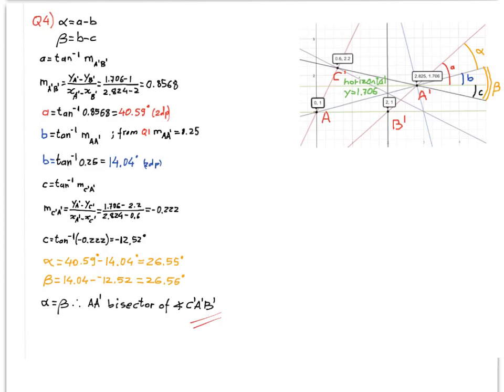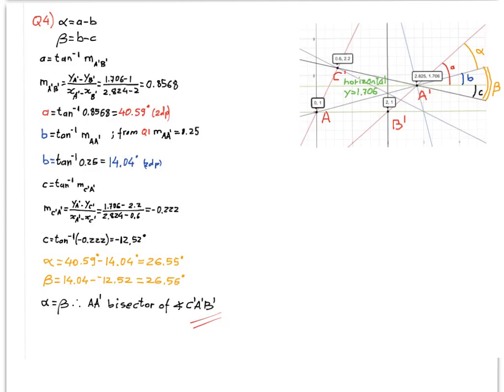And now the last one, C, which is underneath the horizontal, y equals 1.706. So C is equal to tan to the minus 1 of the gradient of C prime A prime.